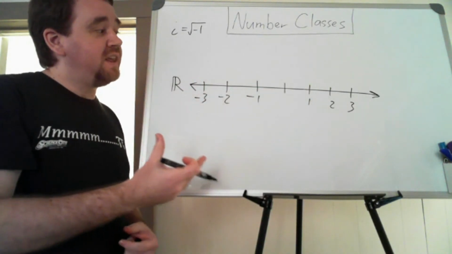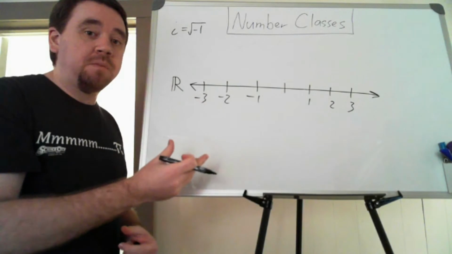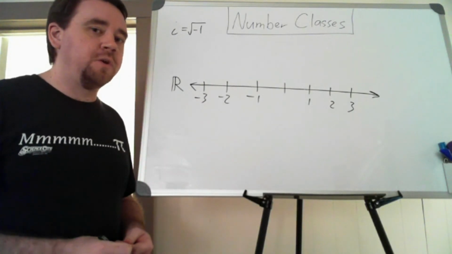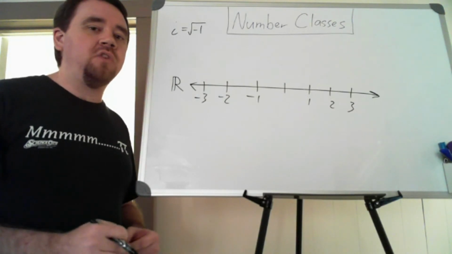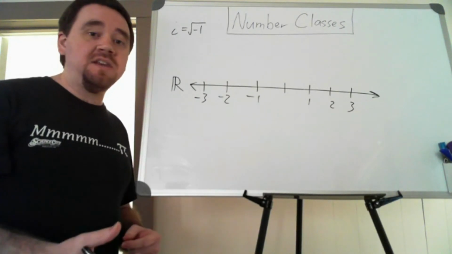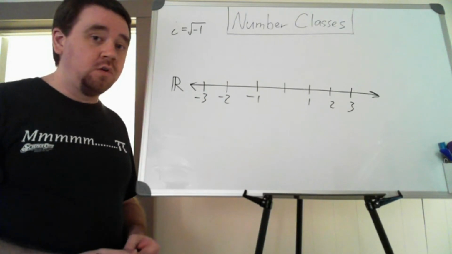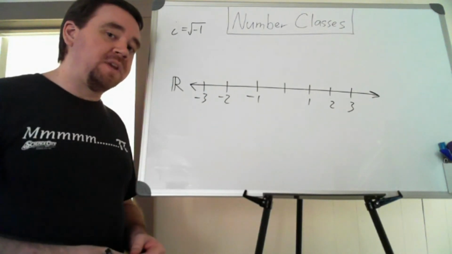So we say that it's got to be somewhere not on this line, but if it's still a number, and if it's still one we want to consider, it has to be somehow connected to this line. And in mathematics, when things are connected but independent, we often say that they're orthogonal. Graphically, it means they're perpendicular.